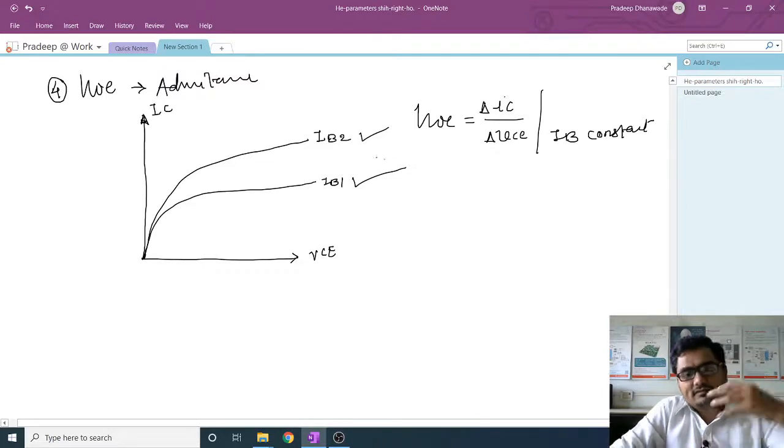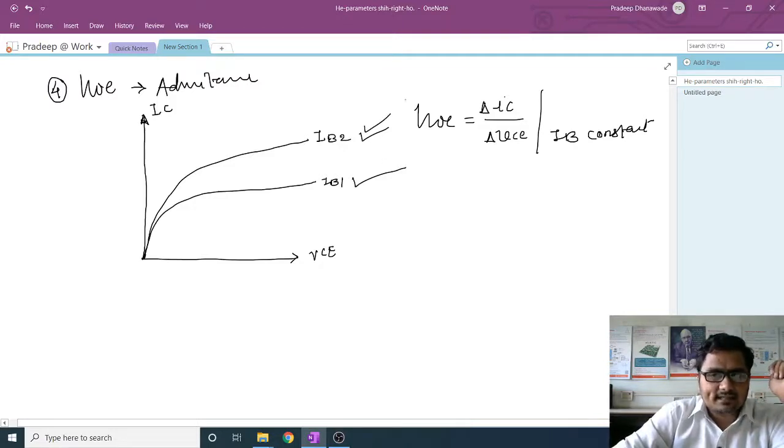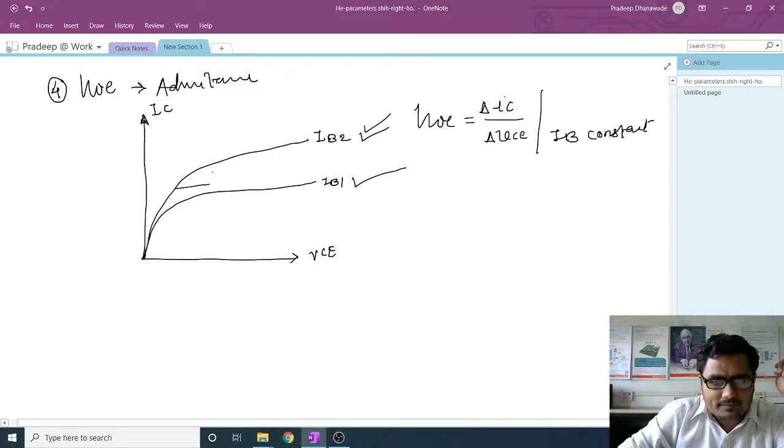So now we have an option. Either you can select the upper graph or the lower graph. You can select any trace and find out the value of HOE. So let me select this upper one. So change in IC and change in VCE. Now for this upper graph, let me find out its slope.